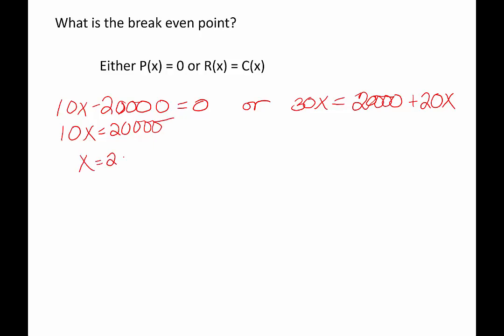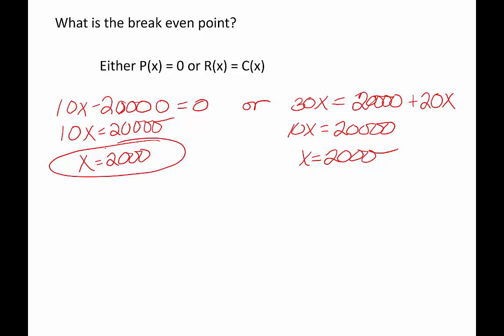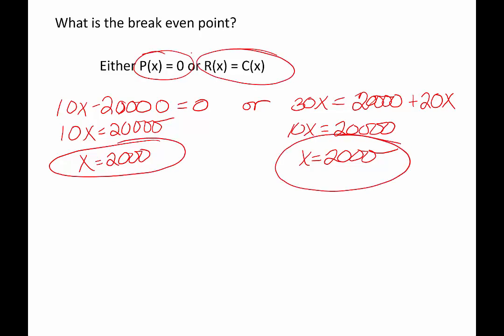X equals 2,000. So either way, x is going to equal 2,000, whether you choose P of x equals 0 or R of x equals C of x. Whatever's easiest for you when you're doing your calculations.